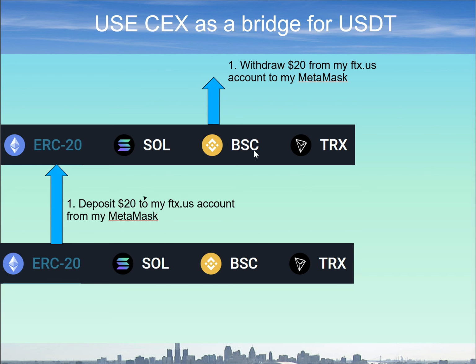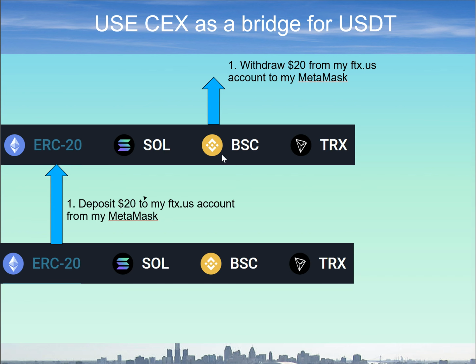How can you do it? Well, first step is you're going to deposit $20 of token USDT on the Ethereum blockchain, from your own wallet to the FTX.us account. So you deposit it.